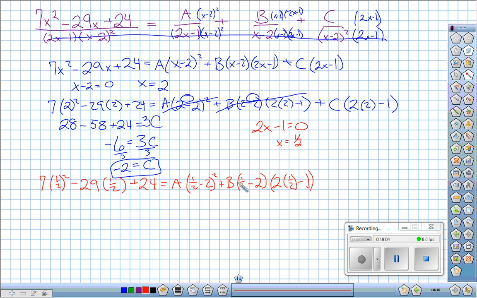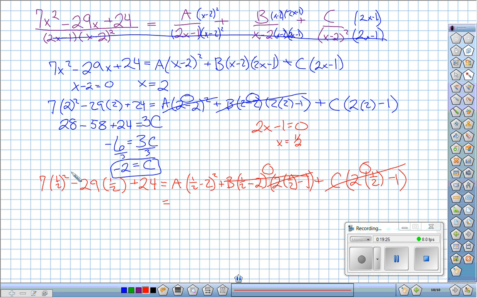And thankfully this guy is going to go to 0, so this whole term in the middle goes to 0 again, plus c times 2 times 1/2 minus 1, and so my c term also goes to 0. So I will just be left with the a that I have to solve for.